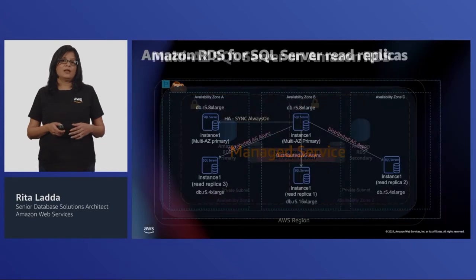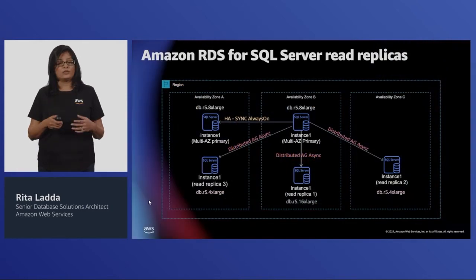Another feature of RDS SQL Server is in-region read replica. RDS read replica gives you the ability to scale your SQL Server horizontally, where you can offload your read workloads from the primary database instance to the read replica. For example, analytic or reporting types of queries that can tolerate latency in data updates.